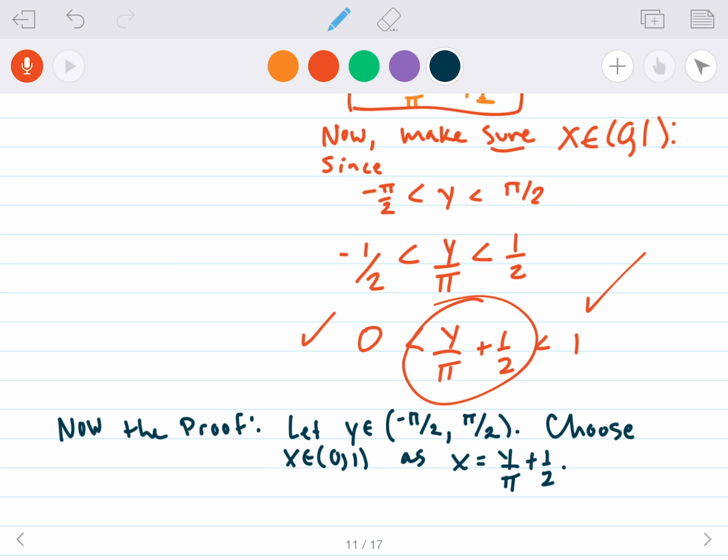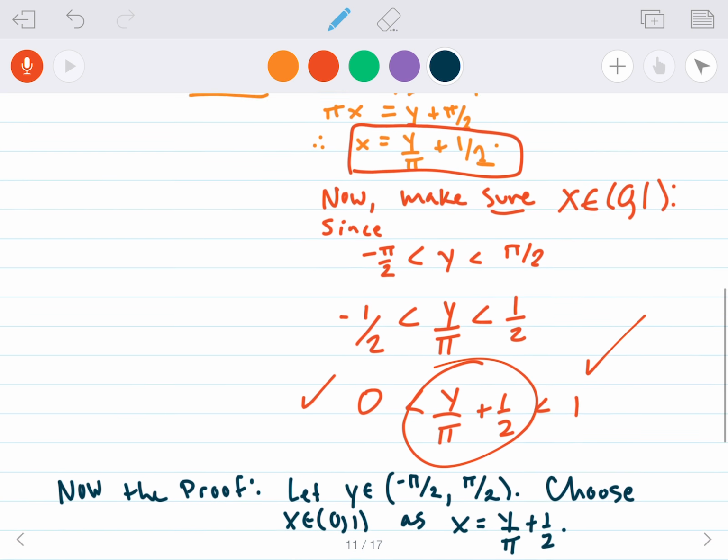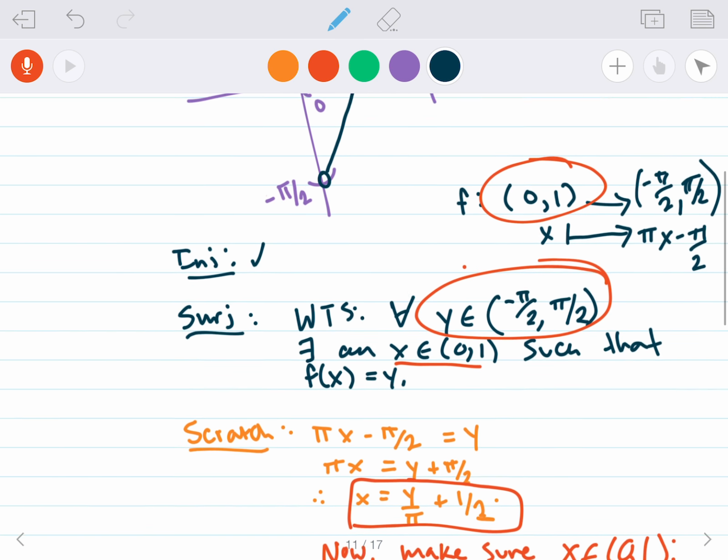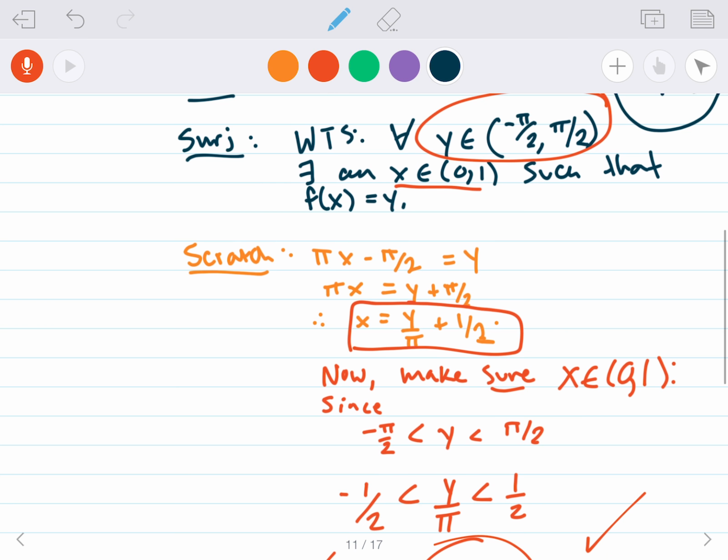So here's the game. I give you a y, you give me a corresponding x. Then f of x is equal to f of y over pi plus 1/2. And what is f telling me to do? It's telling me to send my input to pi times the input minus pi over 2.